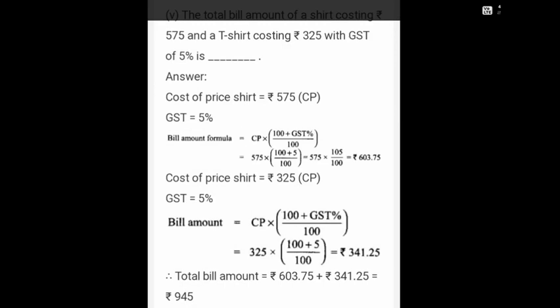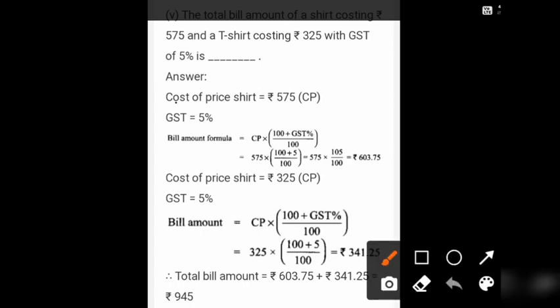Next, fifth subdivision. A total bill amount of a shirt costing rupees 575 and a t-shirt costing rupees 325 with GST of 5% is dash. The cost price of the shirt is equal to 575.